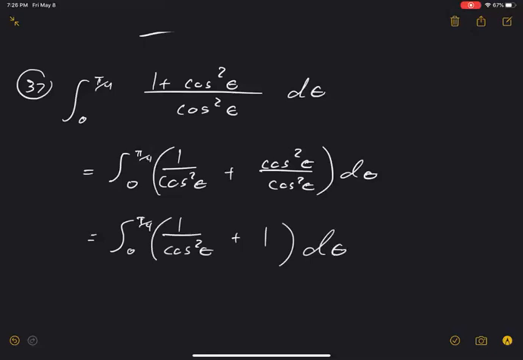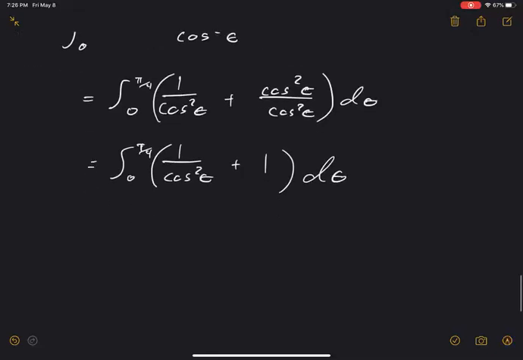So I have this integral. Now, the key to this one would be recognizing that 1 over cosine squared is the same thing as secant squared theta, plus 1.